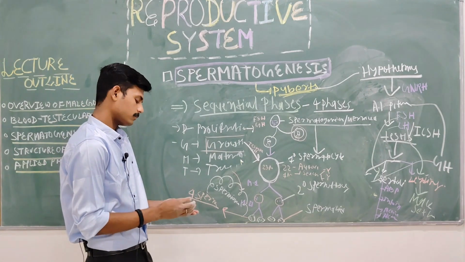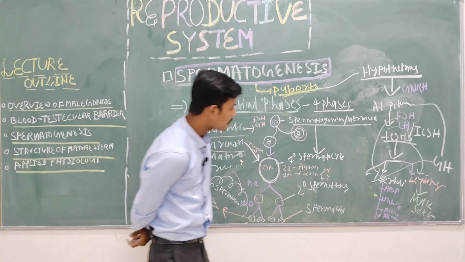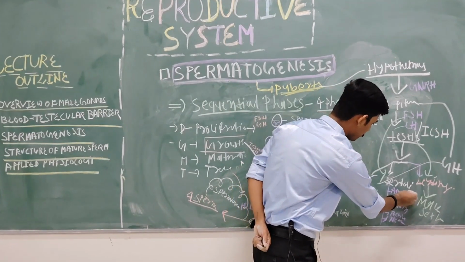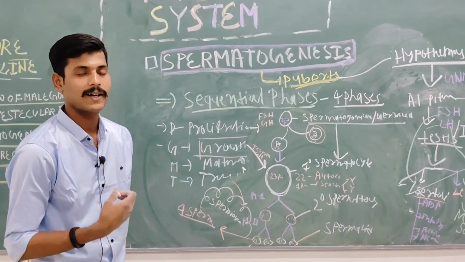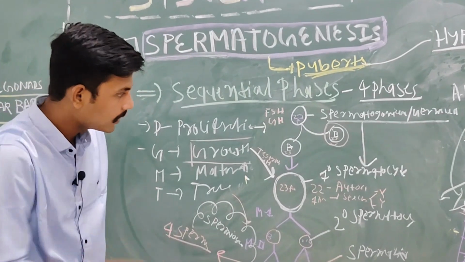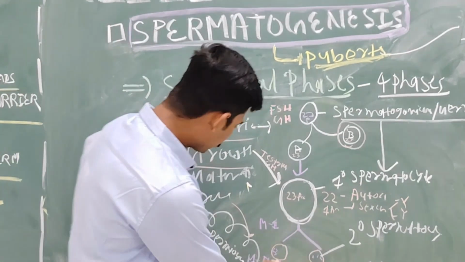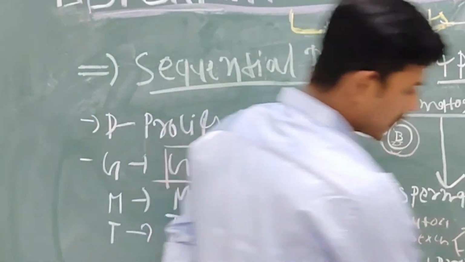Now the thing you have to bear in mind is, where is the Sertoli cell? Here is your Sertoli cell. They are providing nourishment, especially fructose as a nutrient. After formation and maturation, they are also secreting inhibin.